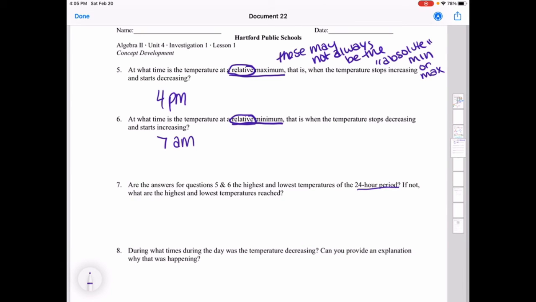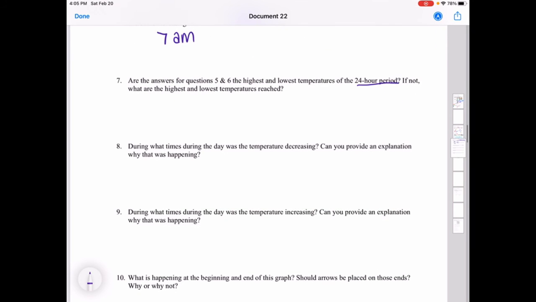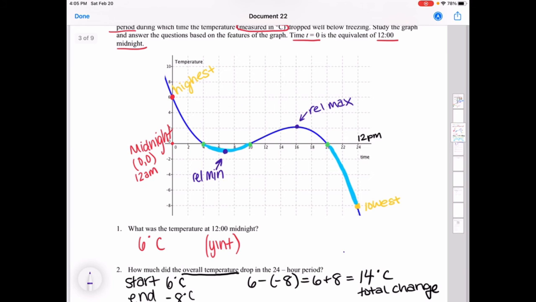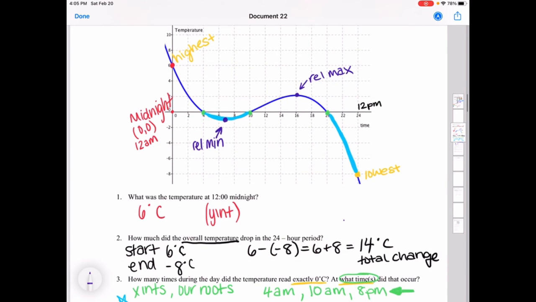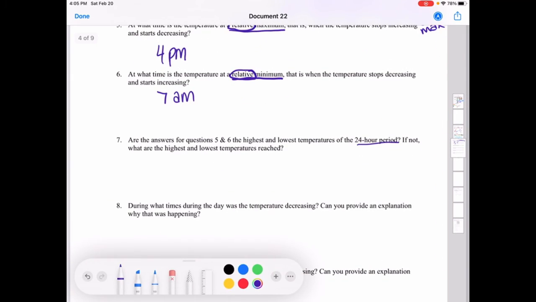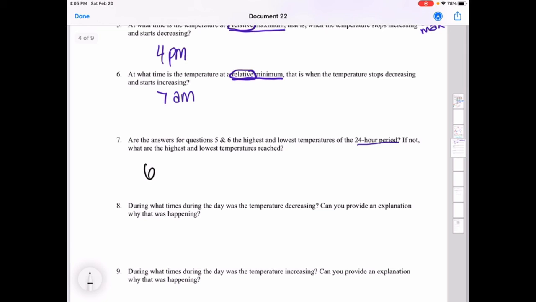They say relative for a reason, not absolute. So if I'm looking for the highest and lowest temperatures in this 24-hour period, well, we actually already marked those. So my highest is 6 Celsius and my lowest is -8 Celsius.